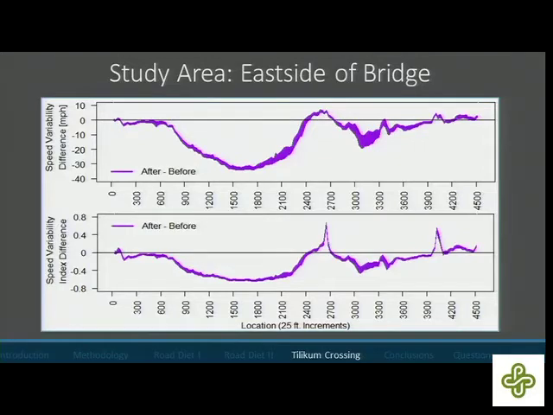Now, that either means that one came down or the other came up. But what it does show is consistency, that this segment is going to be more consistent because the speeds are closer. And for planning agencies, transit agencies, that's really important.